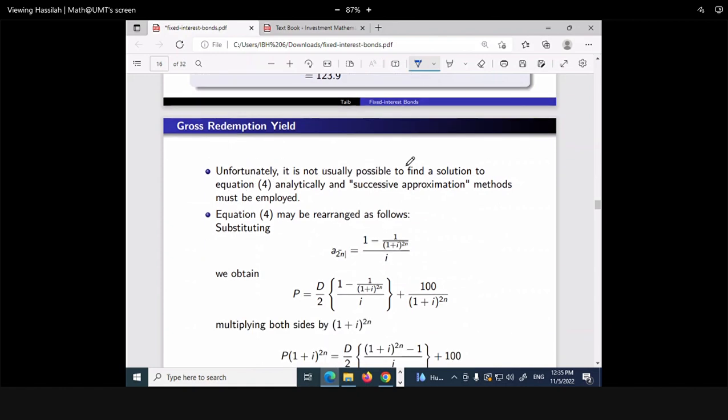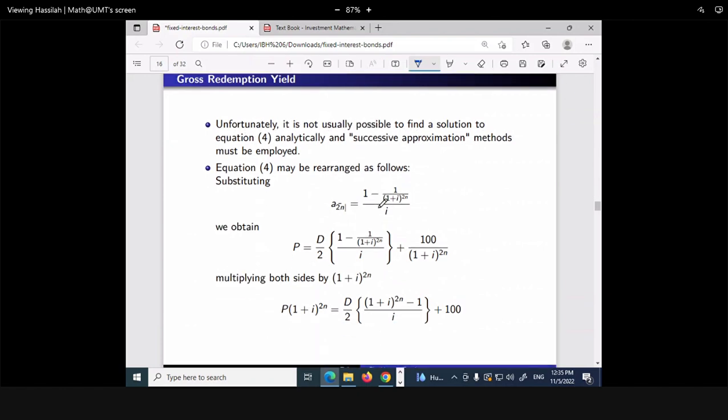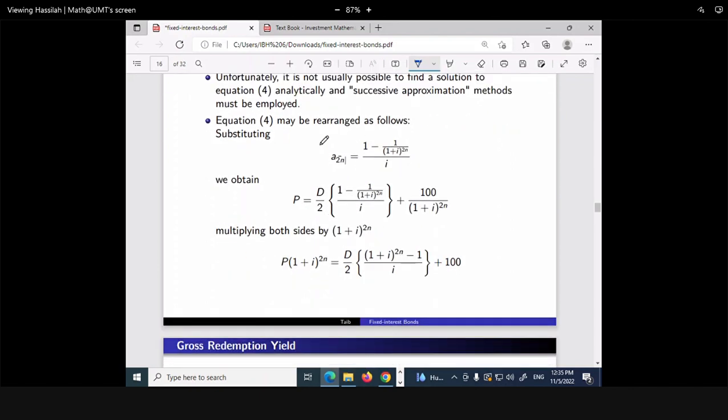Okay, so for gross redemption yield, it is not usually possible to find a solution to equation 4 analytically. So successive approximation method must be employed. Okay, so caranya macam mana? Ditunjukkan step by step dekat sini.